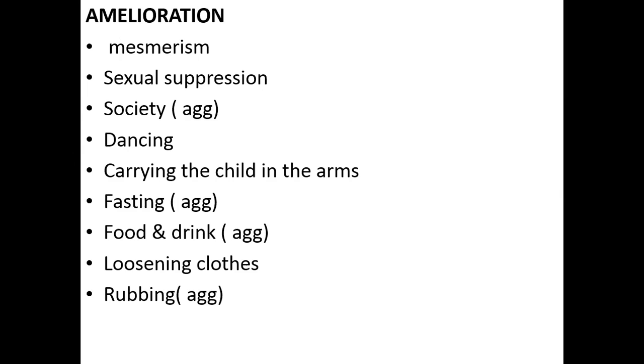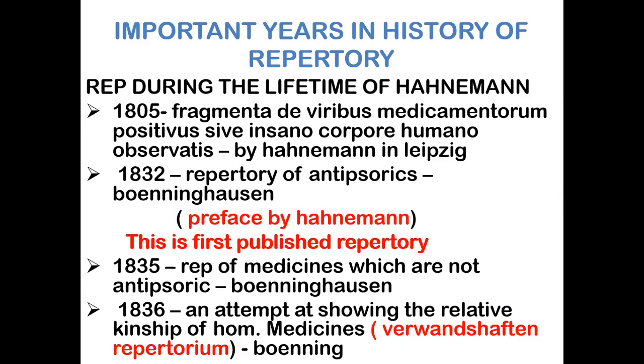Mesmerism is again an important rubric. Sexual suppression, society aggravation, dancing, carrying the child in the arm, fasting aggravation, food and drink aggravation, loosening clothes, rubbing aggravation. Now, before going to important years in the history of repertories, I just want to tell you some important points too.